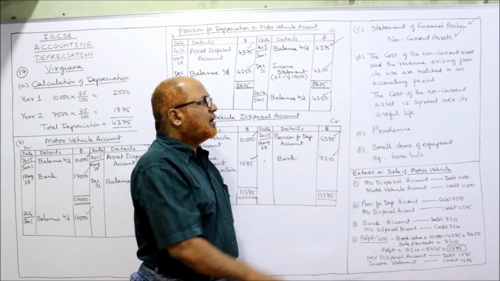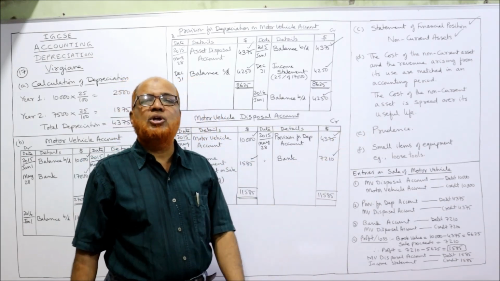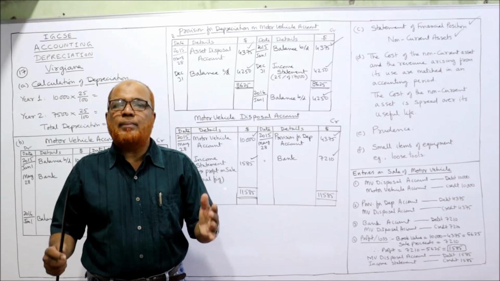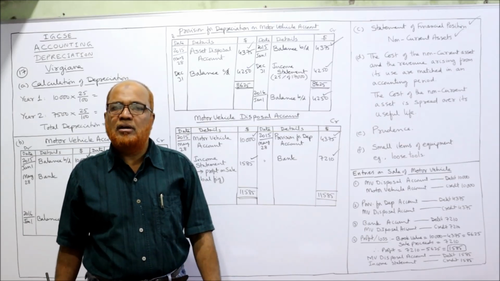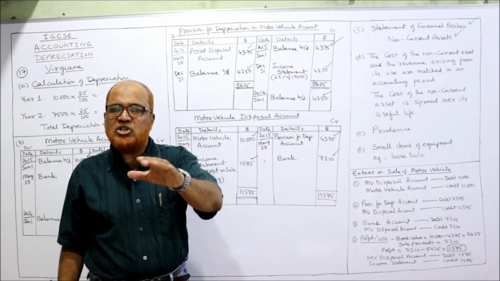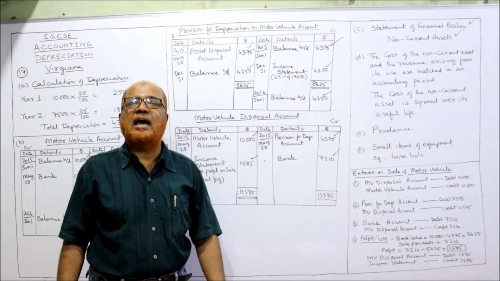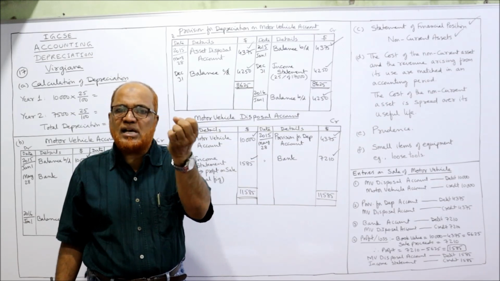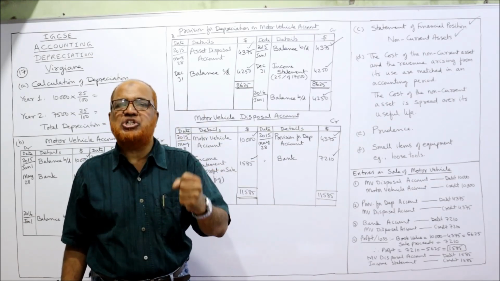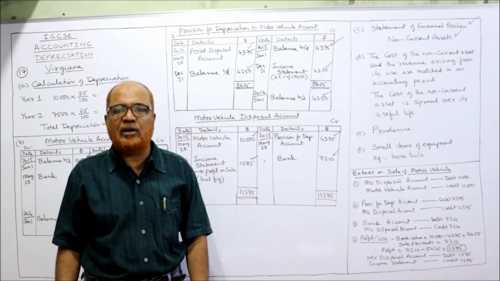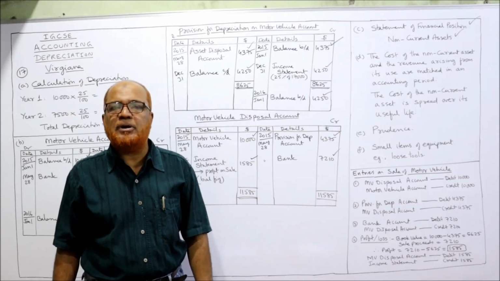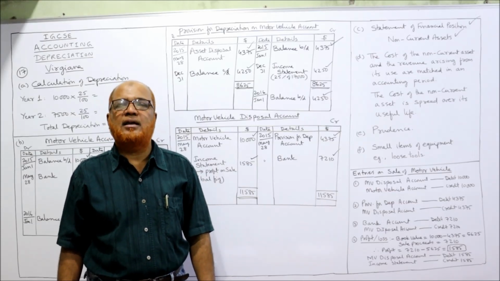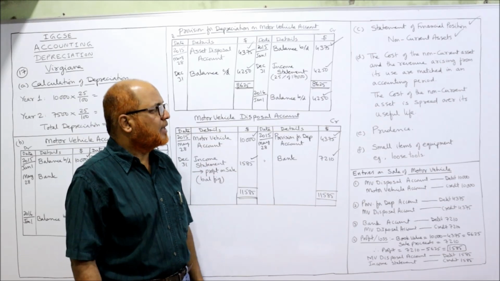The cost of the non-current asset is spread over its useful life. For example, the non-current asset is a machine. The cost of the machine will be spread over the life of the machine, and every year a part of the cost is absorbed and matched against the revenue. That's why the matching principle is applied in the case of depreciation.